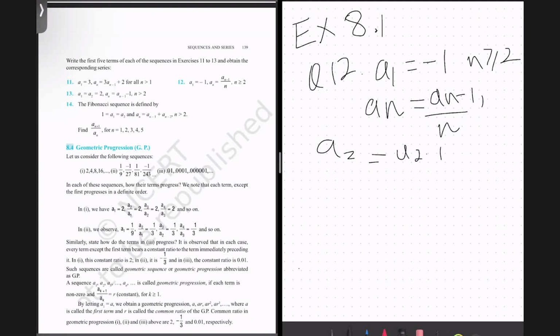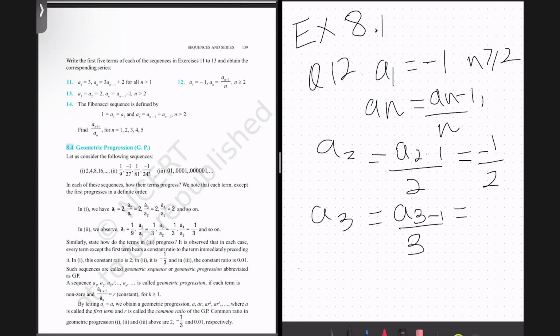So the second term, a of 2, would then be a of 1 upon 2, correct? And that is nothing but minus 1 upon 2, correct? Similarly, the third term would be a of 2 upon 3, that is minus 1 by 2 upon 3, that is minus 1 upon 6, correct?